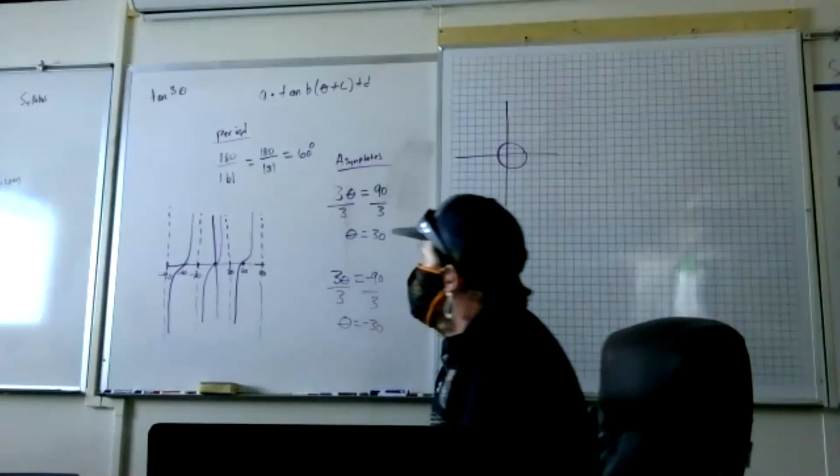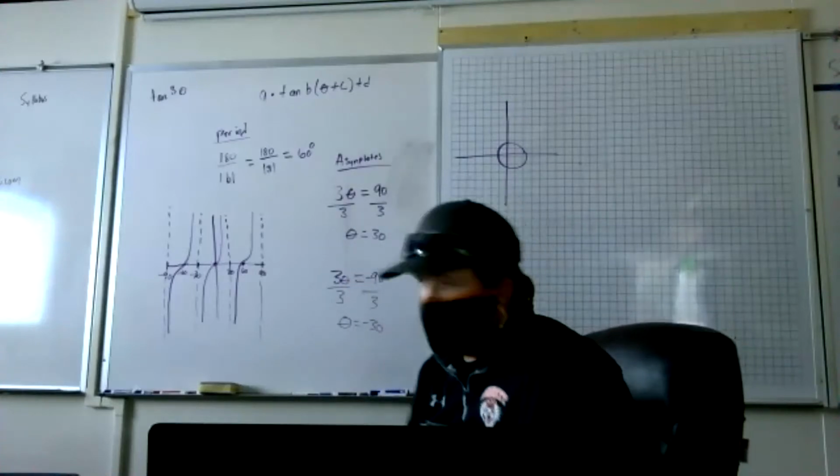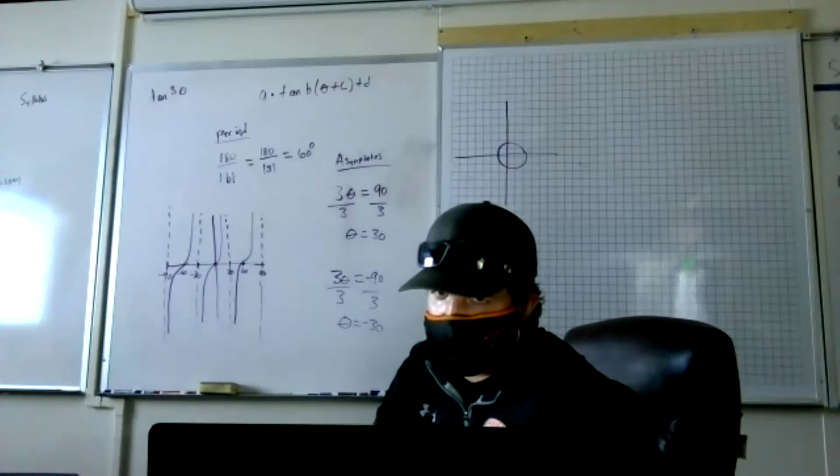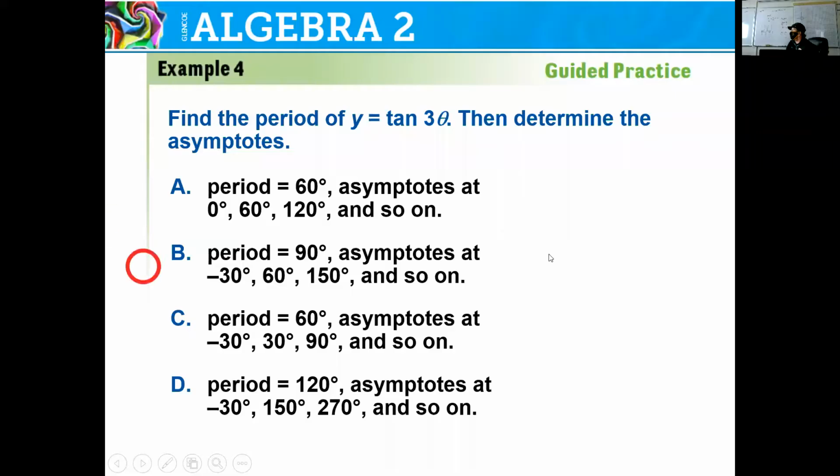The intercepts at 0, 60, 120, 180, and so on. All right, period 60, asymptotes of negative 30, 30, 90, and so on.